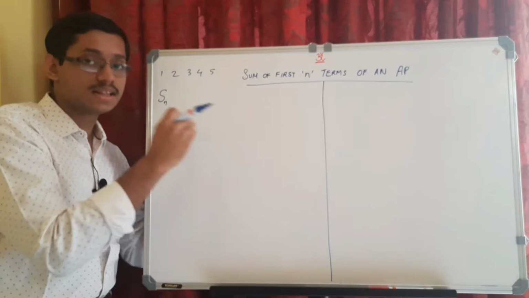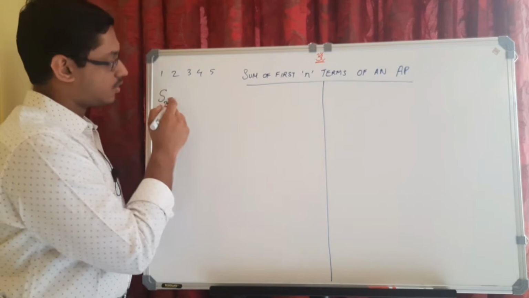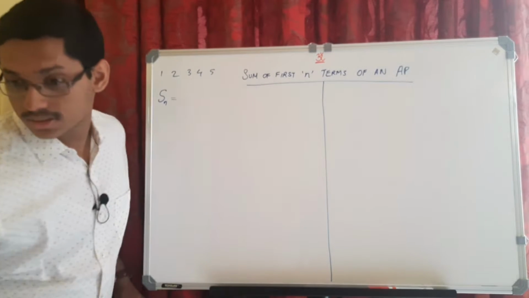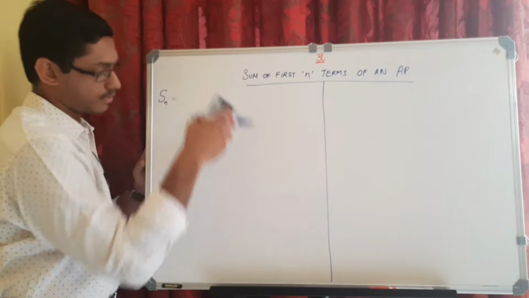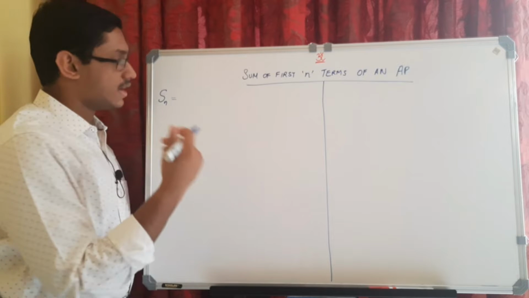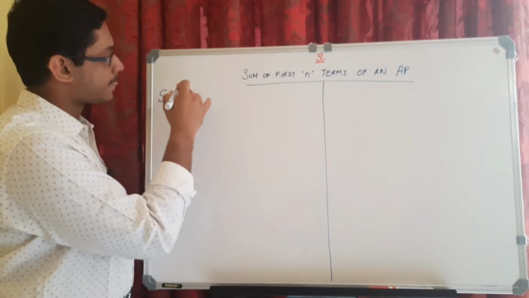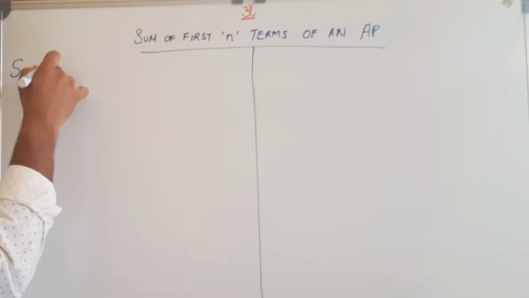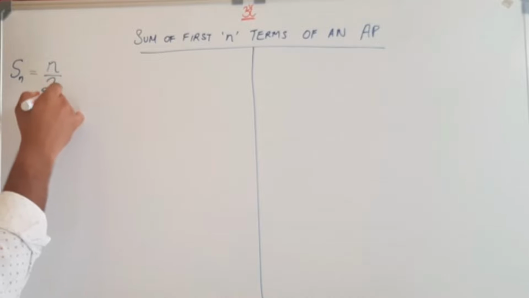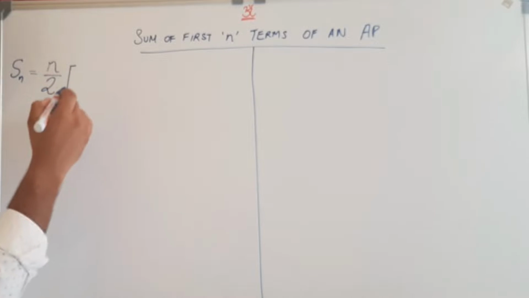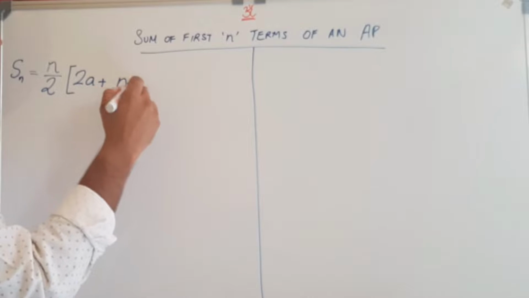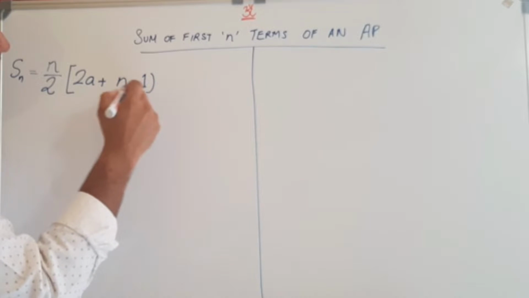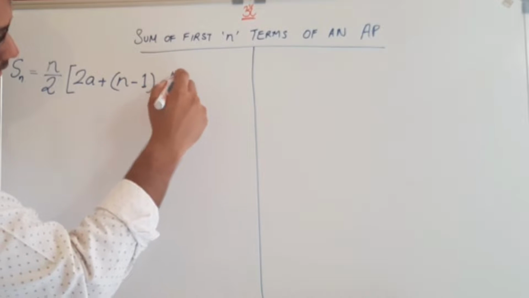The sum till the nth term is Sn equals n by 2 square bracket 2a plus (n minus 1) d.